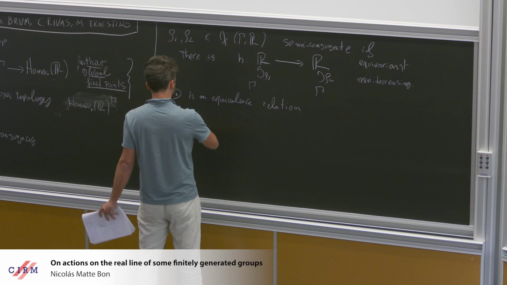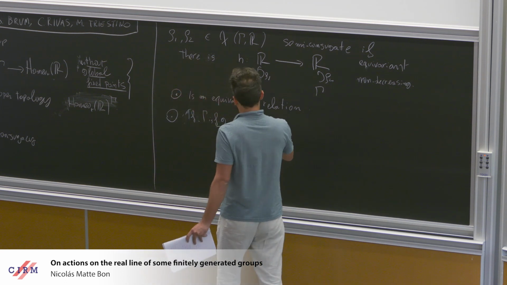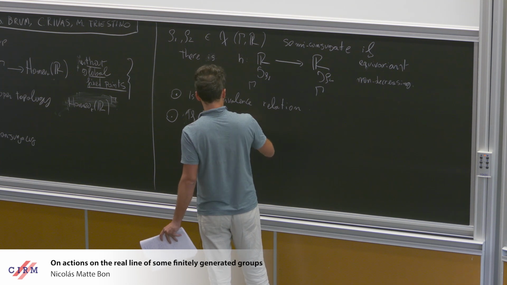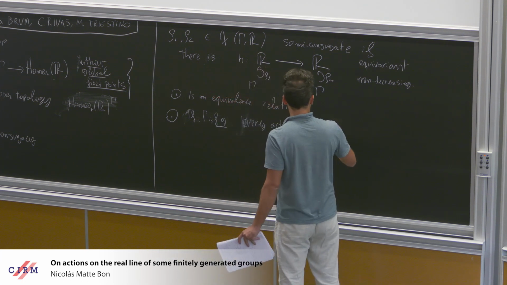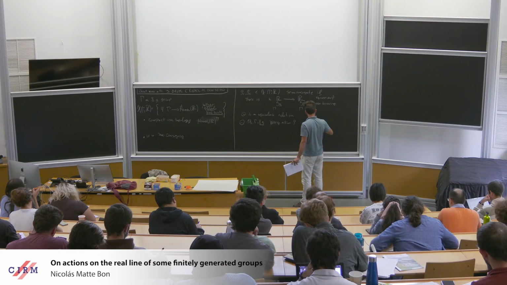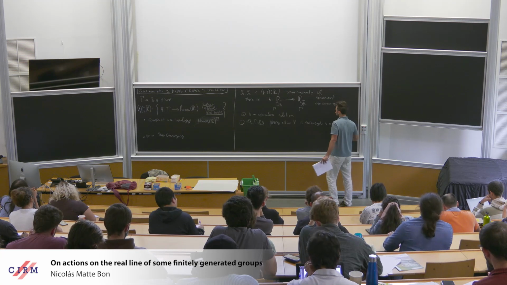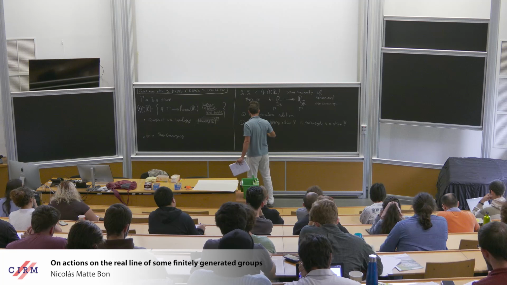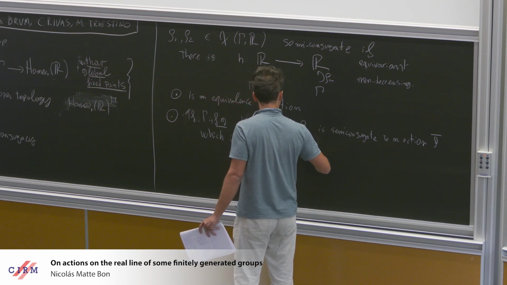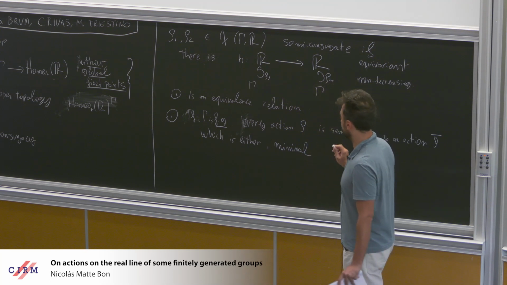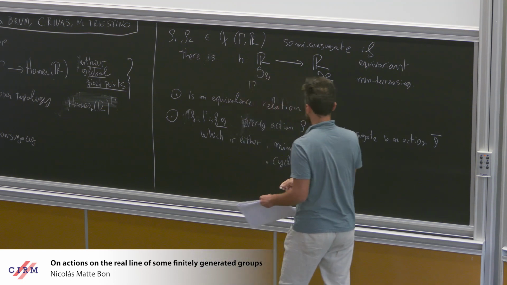A fact is that if gamma is finitely generated, which will always be the case in my talk, then every action rho of gamma is semi-conjugate to an action, let me note it rho bar, which is either minimal, meaning that all orbits are dense, or a slightly degenerate case that I like to call a cyclic action, which is very much not interesting, but you have to take it into account.